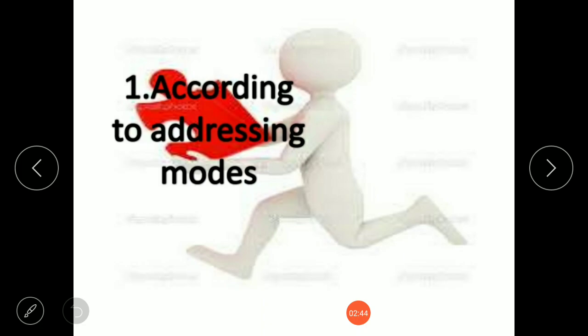The different ways that a microprocessor can access operands are referred to as addressing modes, or you can say the different ways of specifying the operand in the instruction is known as addressing mode. The 8085 microprocessor has 5 addressing modes.